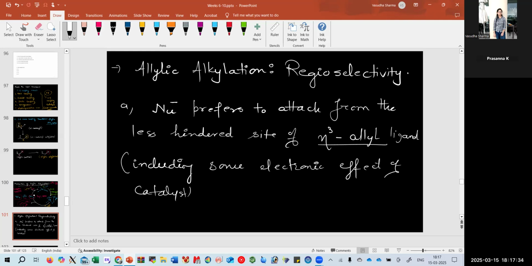So wherever your allylic position has more hindrance at one side and less hindrance on the other side, nucleophile will always come from the side where there is less hindrance. That means wherever it is getting more space to come from, it would enter from that side.